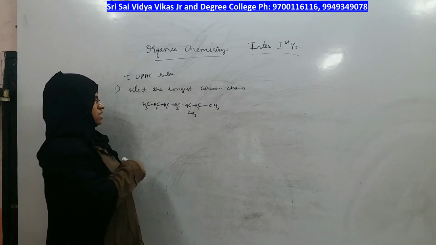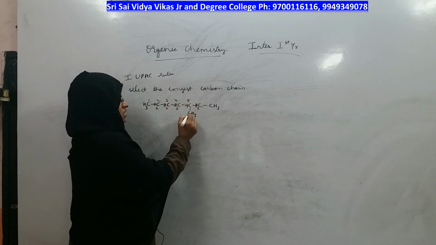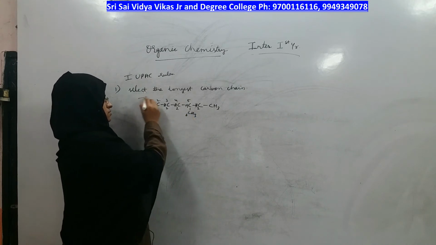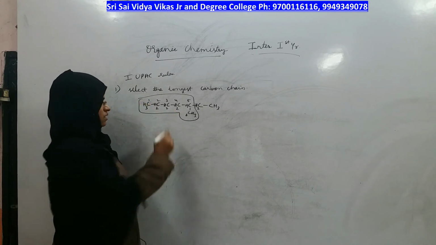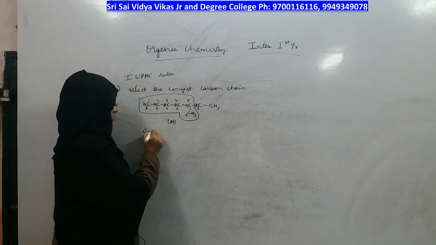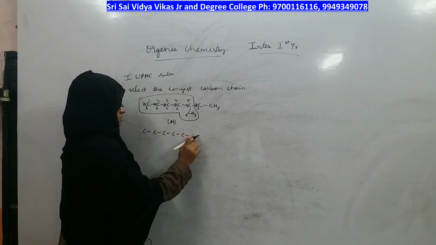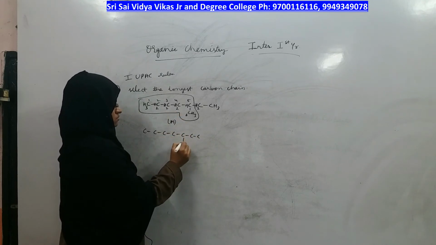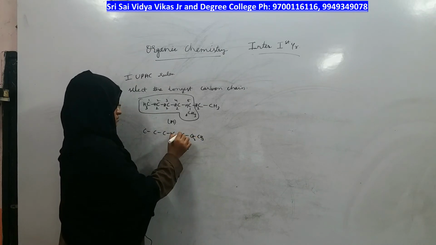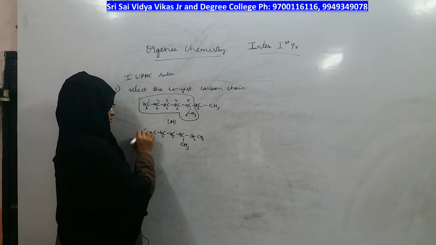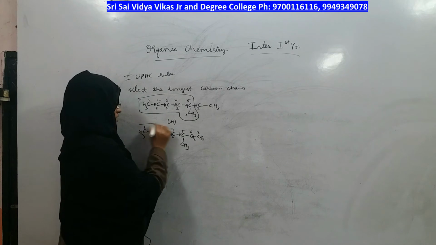How will you select the longest carbon chain? 1, 2, 3, 4, 5, 6. This is your longest carbon chain, or 1, 2, 3, 4, 5, 6, 7.